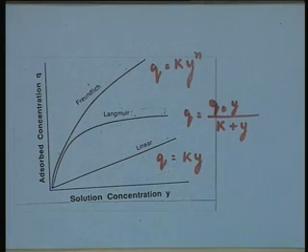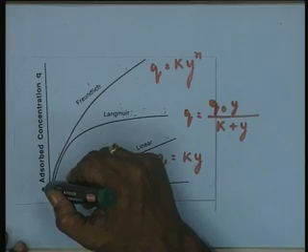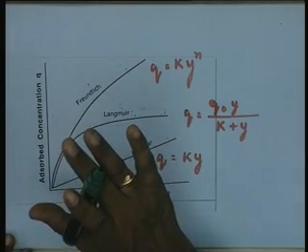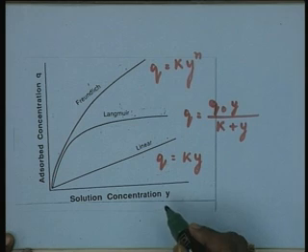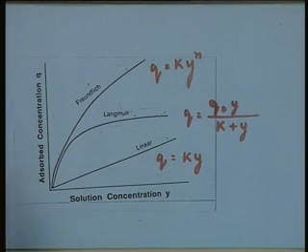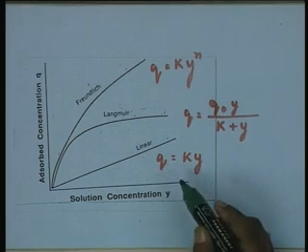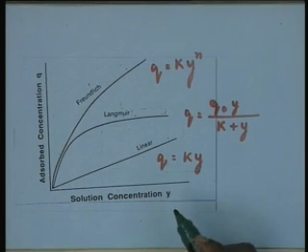One is linear, where Q is the concentration of the enzyme protein on the surface of the carrier, and Y is the corresponding concentration in the solution at equilibrium. If you take a combination of enzyme and carrier concentration, measure the concentrations in the solid phase and in the liquid at equilibrium, and make an isotherm, then in some cases you may end up with a linear relationship where Q equals K times Y, which is a simple relationship.